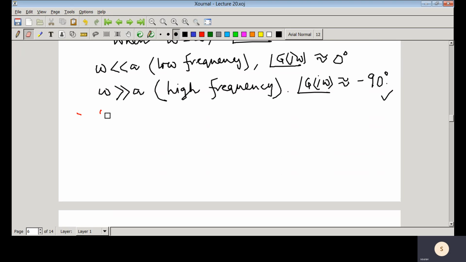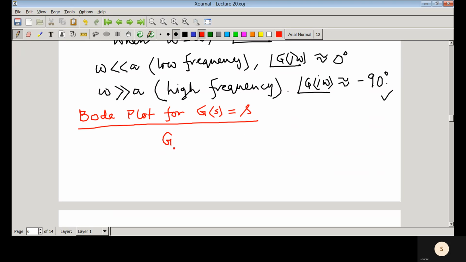What would be the Bode plot for G(s) equal to s? The first step is G(j omega), because that is at steady state, so that would be j omega.